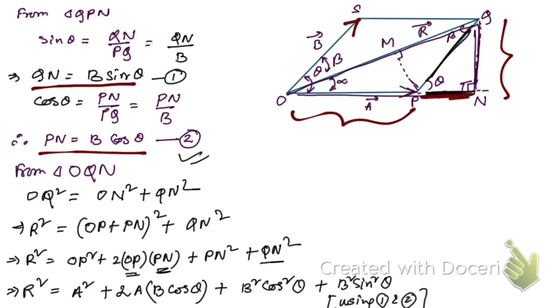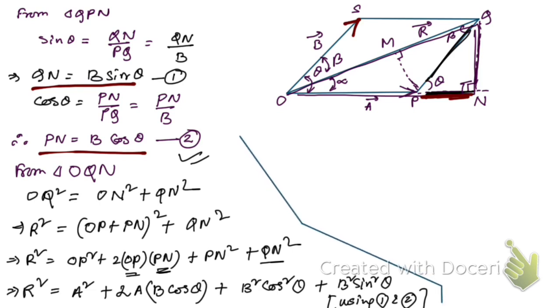Now let me simplify this. Here you see R square is equal to, from these two terms we can take B square common, so A square plus B square, after taking B square common, we have cos square theta plus sin square theta.